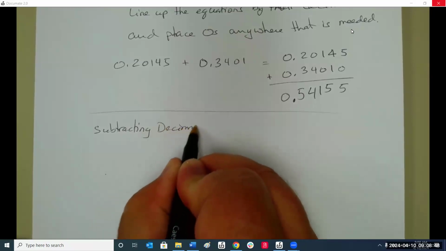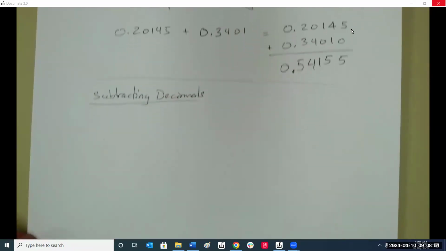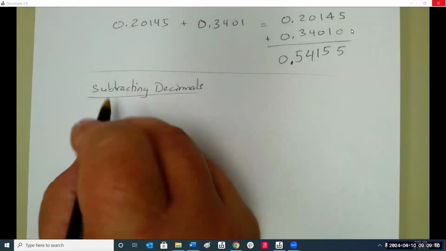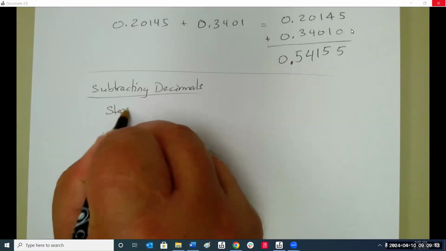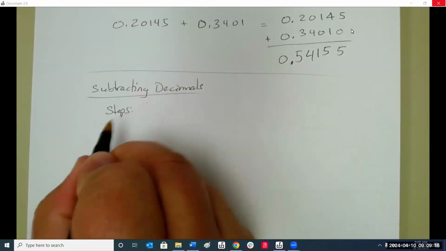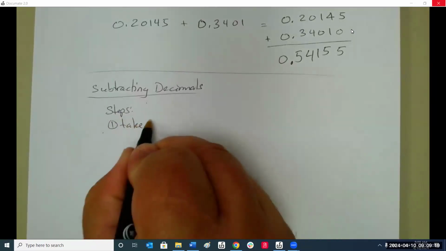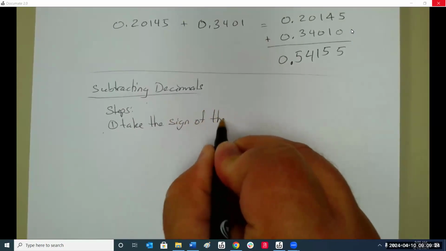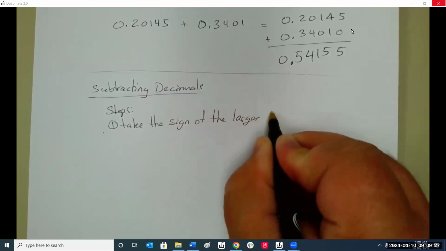Subtracting decimals. What do you think you do there? Let me look for the first step. Take the sign of the larger decimal number.